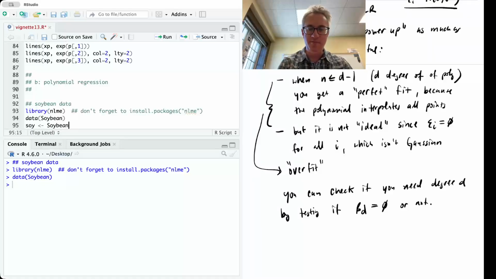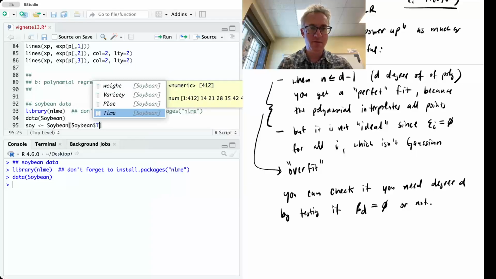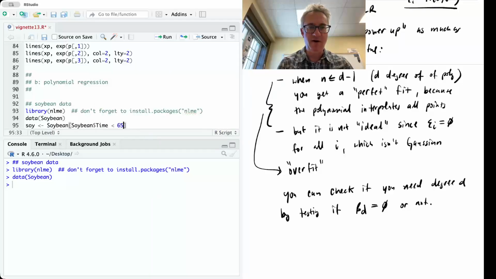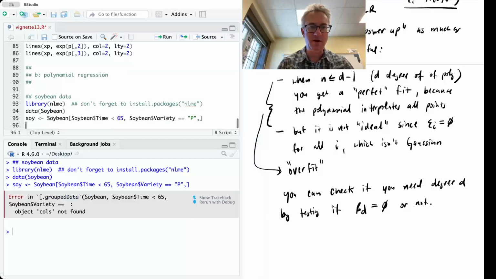I'm going to just look at soybean time less than 65 and soybean variety P. So we're looking at a subset of the data, and variety equals P, calls not found.